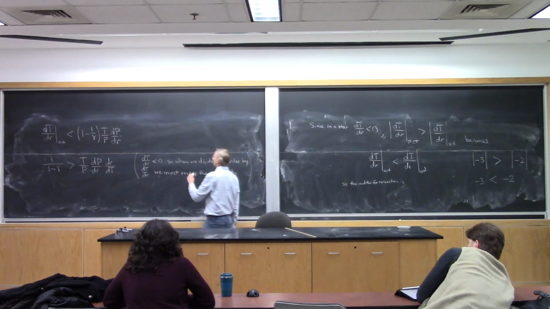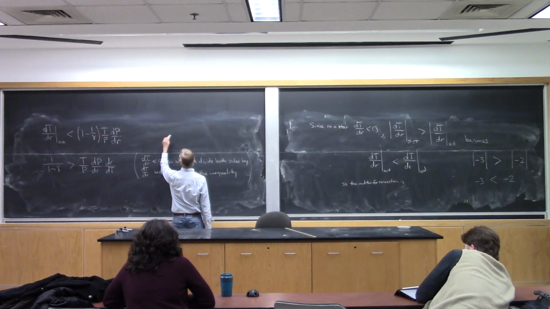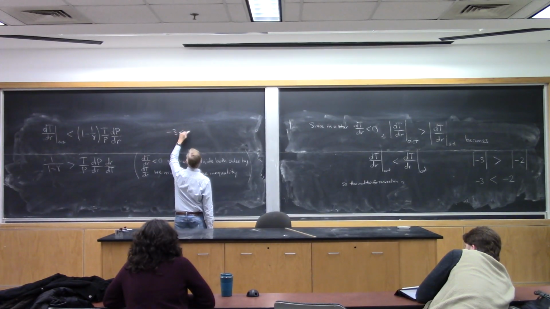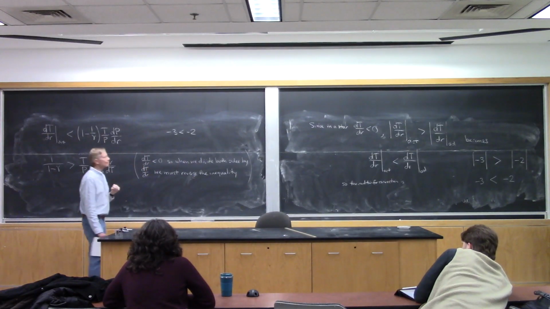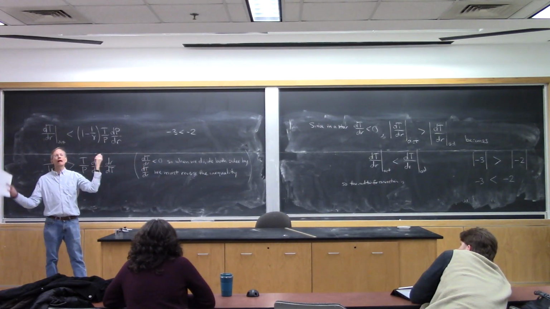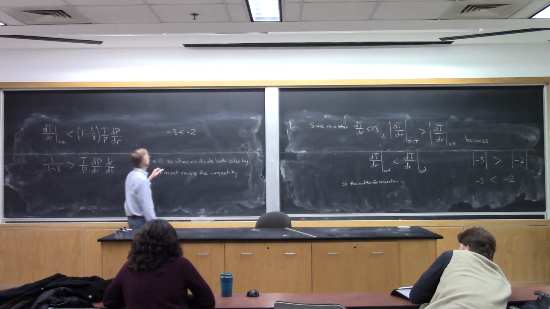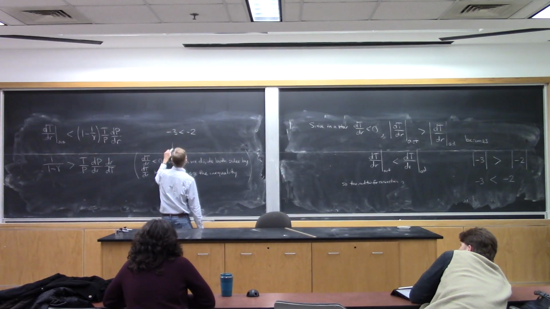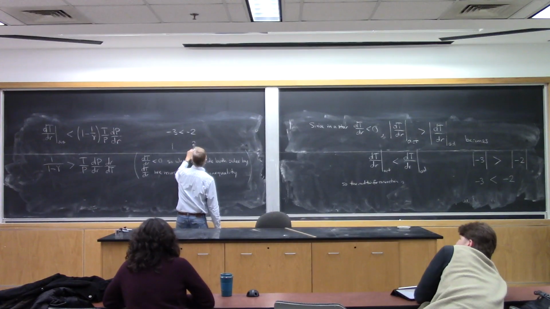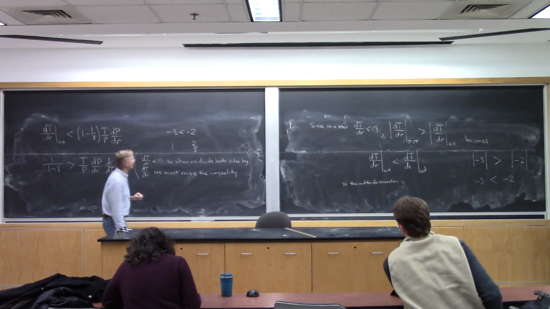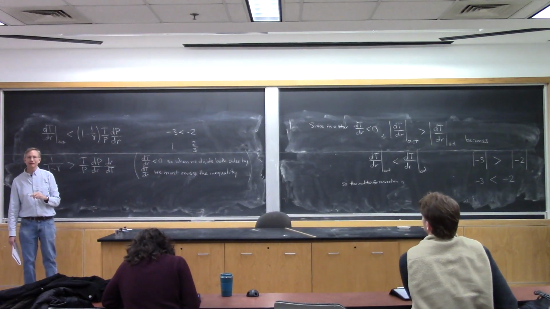So for example, if I had minus 3 is less than minus 2, and then I divide by minus 3, then I would get 1 over here and 2/3 over here. What happened to the direction of the inequality?